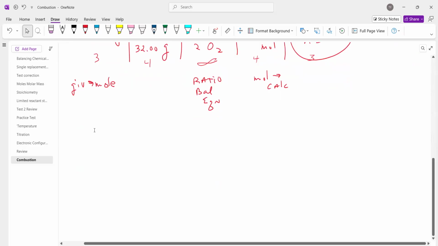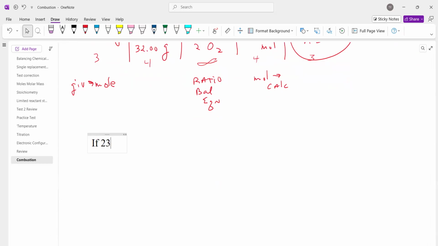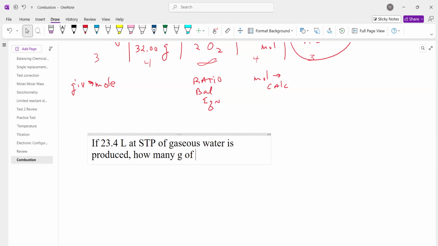Okay, let's do another one here. Okay, 23.4 liters of gaseous water is produced.